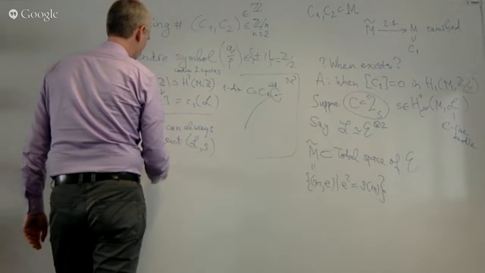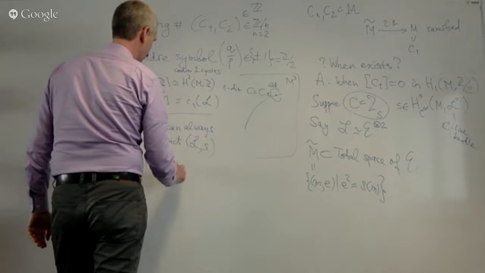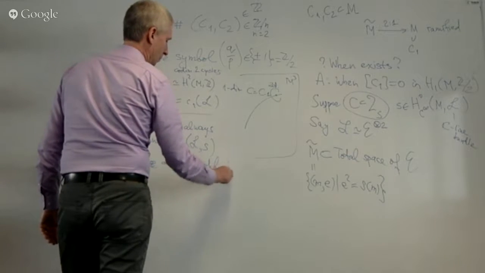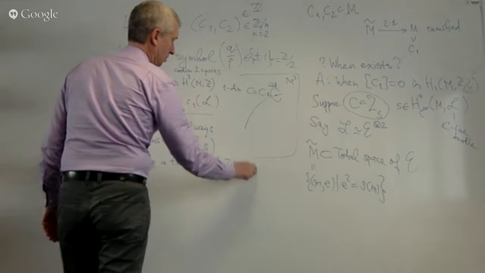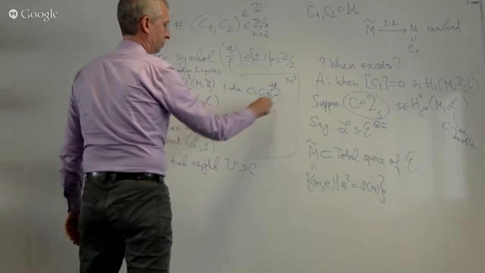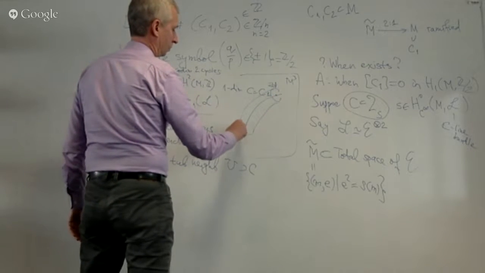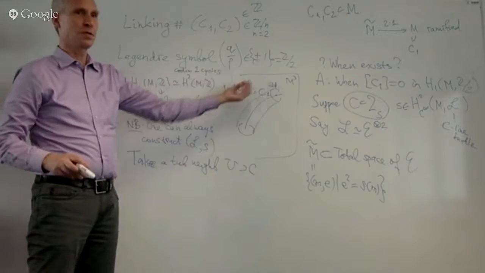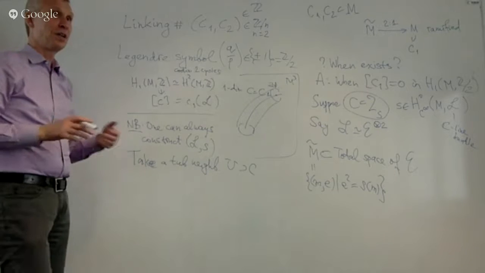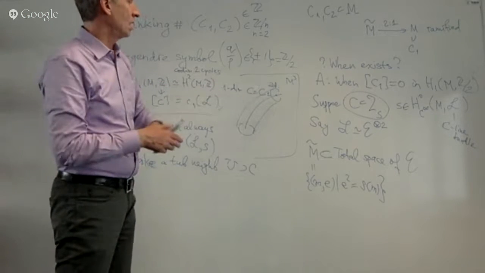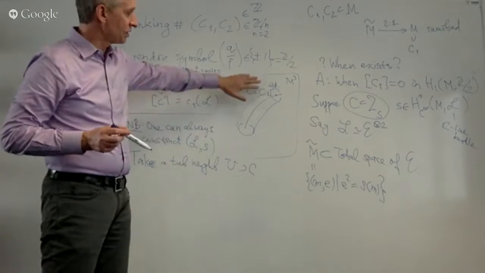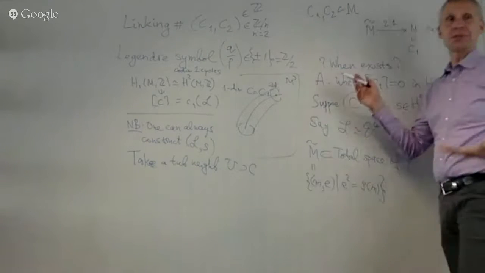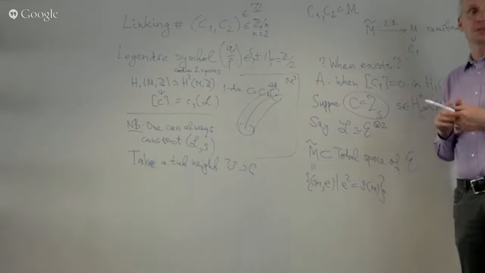Take a tubular neighborhood U containing C. Take L trivial outside U, and inside it would be the bundle such that there is a canonical vanishing section. It will be a trivial bundle there, and we glue them together.